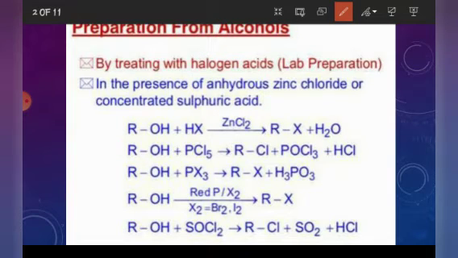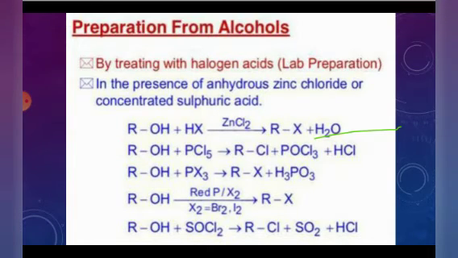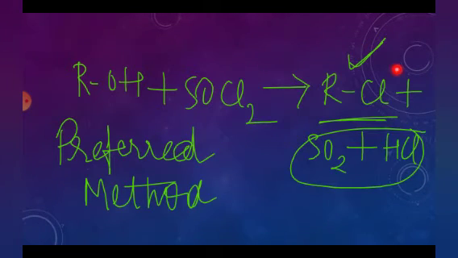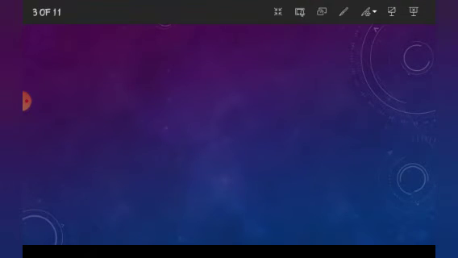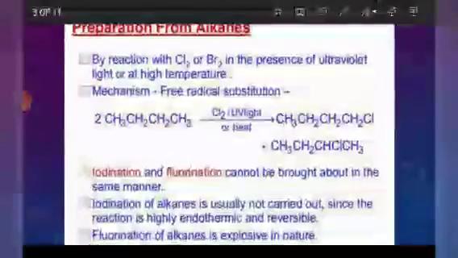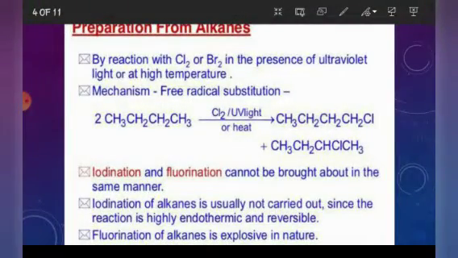Now let's move on to our next method. See, our next method is preparation from alkanes, and this method comes under preparation from hydrocarbons.